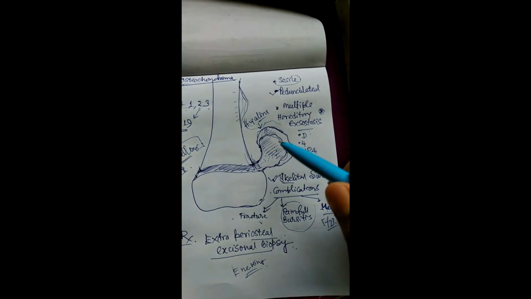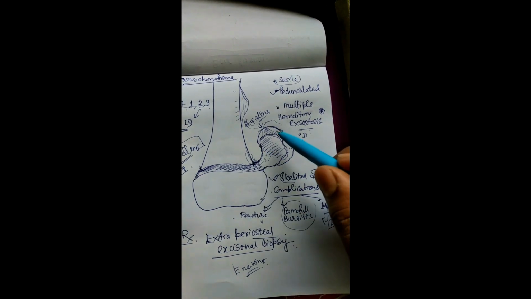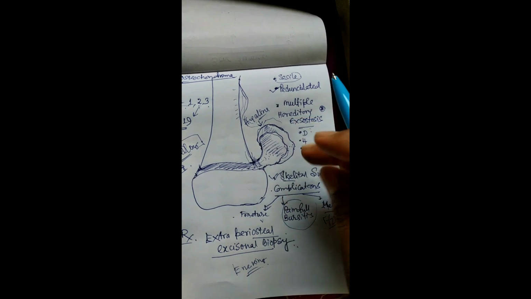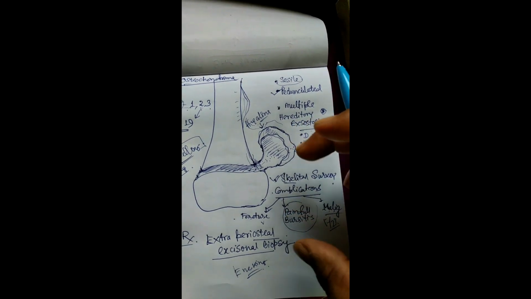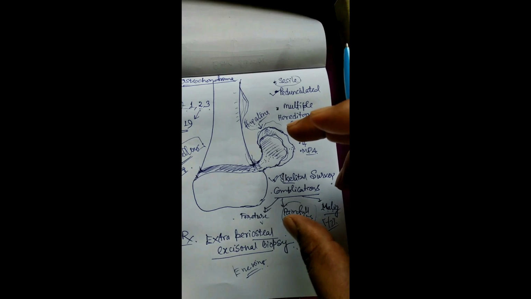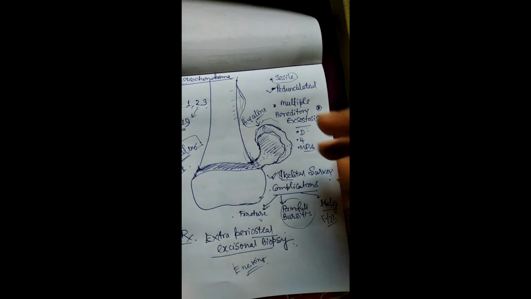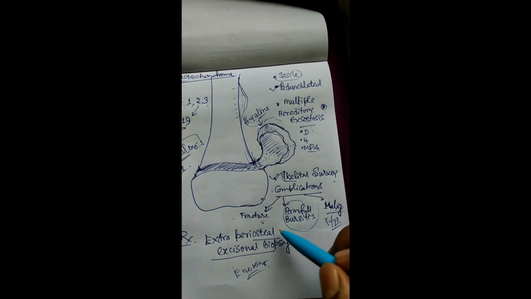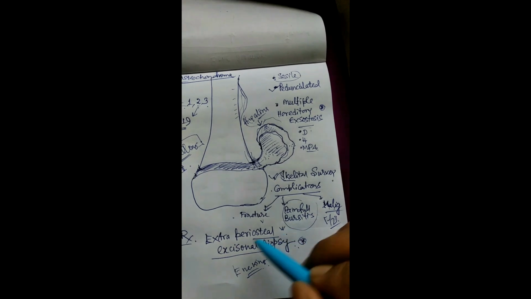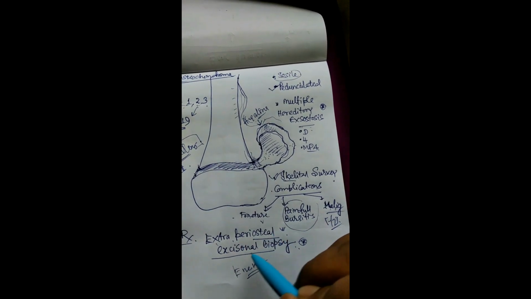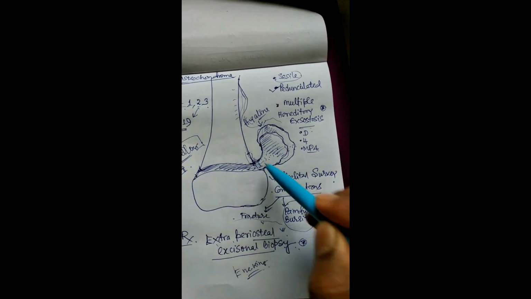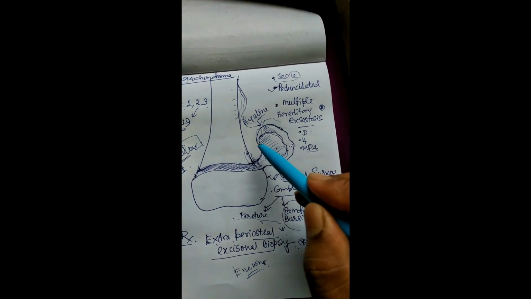But when the size is continuously increasing, or the size increases after skeletal maturity, or it causes a highly painful condition, or the size is very big, then we can go for excisional biopsy. And during the biopsy, we have to cut some periosteum. So this is called extraperiosteal excisional biopsy. If we don't cut some periosteum, this osteochondroma may recur again.